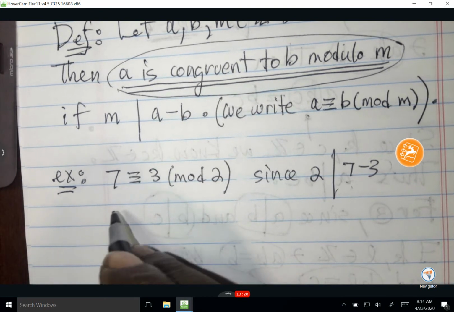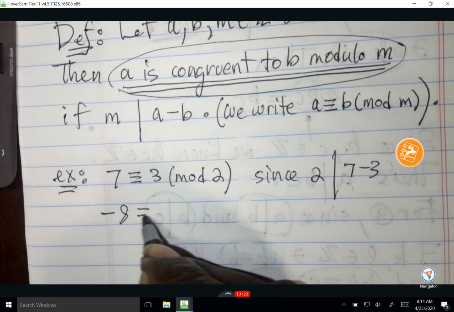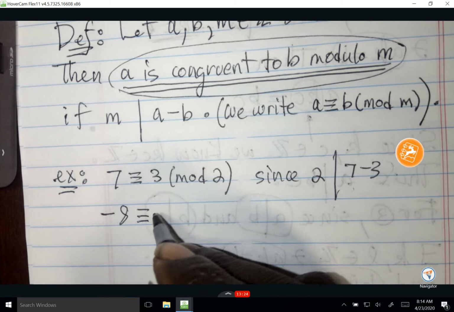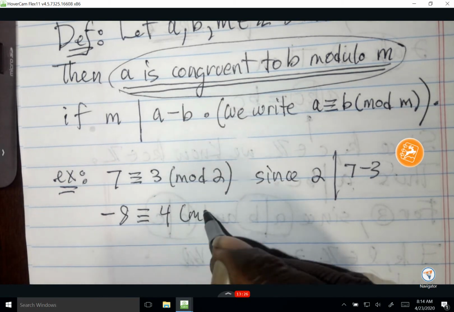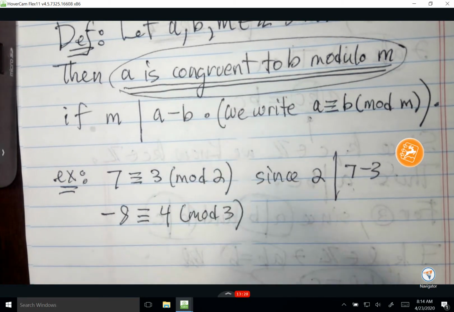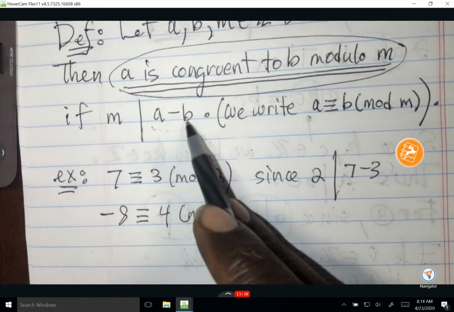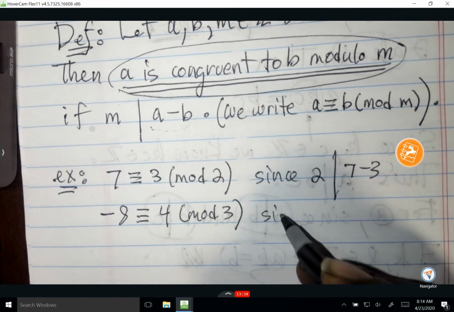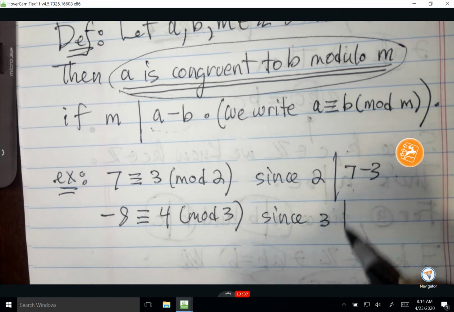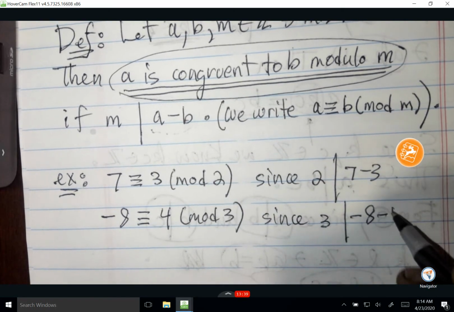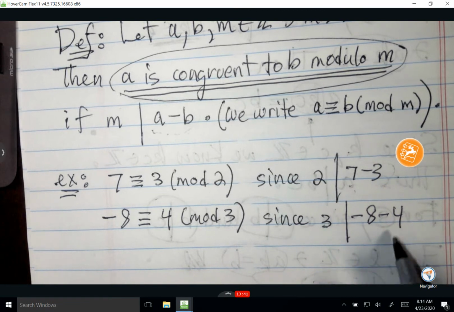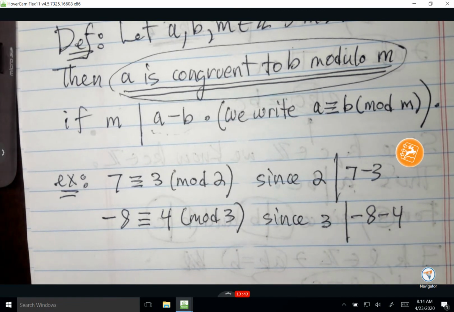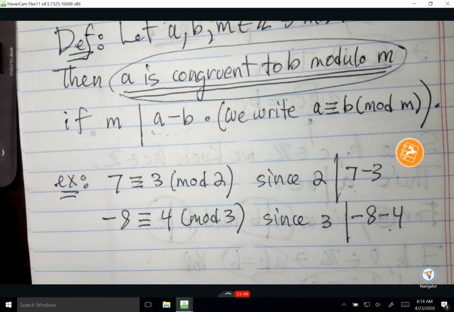Another example, minus 8 is congruent to 4, mod 3. Why? Got to check the definition up here. Since 3 divides their difference. Since 3 divides minus 8 minus 4, because that's minus 12. And 3 divides minus 12. Goes in minus 4 times.